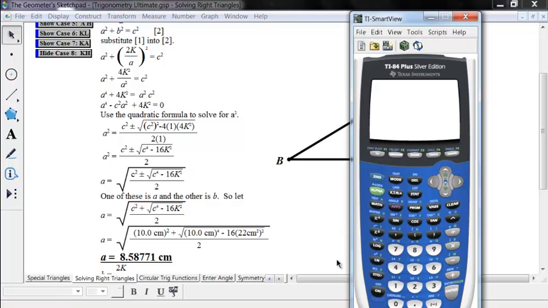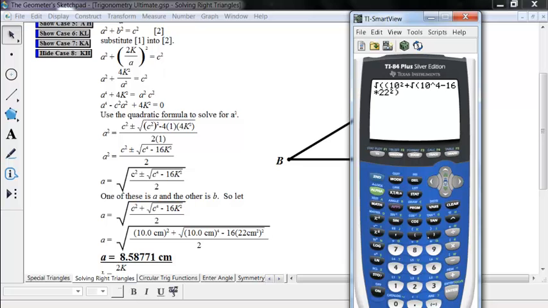Alright, so let's work this out on the calculator. Even typing in a calculator is a little bit challenging. Let's see, we got square root of, parentheses for the numerator, 10 squared plus the square root of 10 to the power 4 minus 16 times 22 squared, close parentheses.